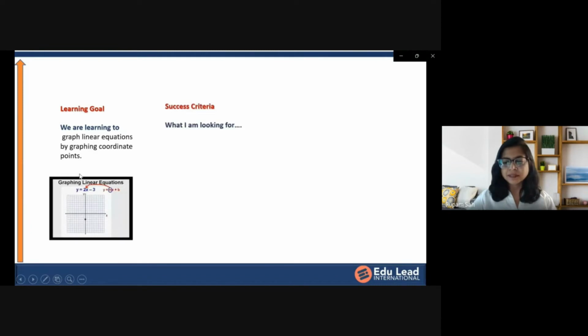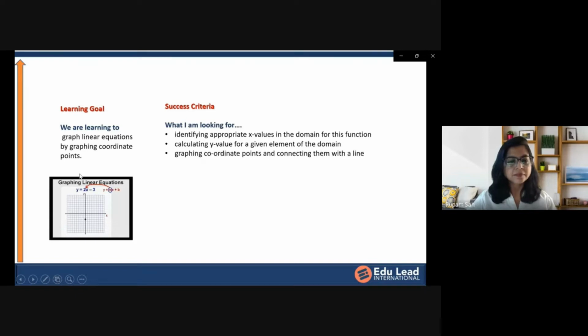Now, success criteria would look like identifying appropriate x values in the domain for this function, calculating y value for a given element of the domain, graphing the coordinate points and connecting them with a line, using mathematical language in my explanation, and explaining the relationship between x and y in the linear function. All of this will help the students not miss out any step and successfully achieve the learning goal.